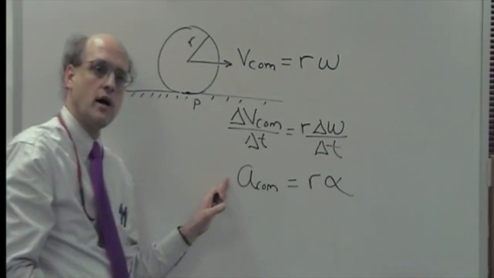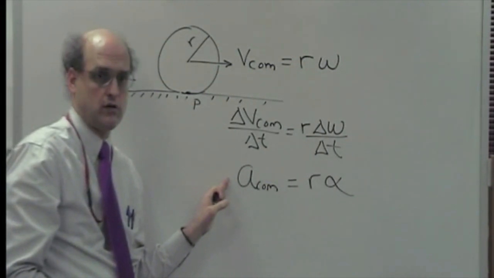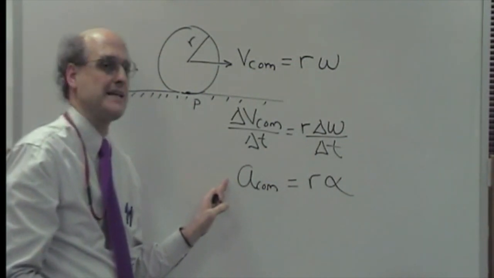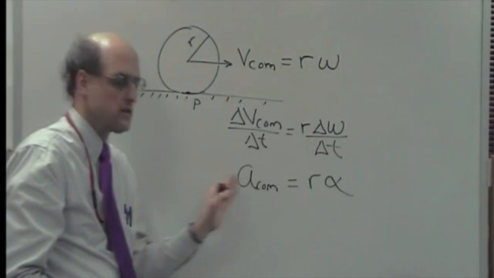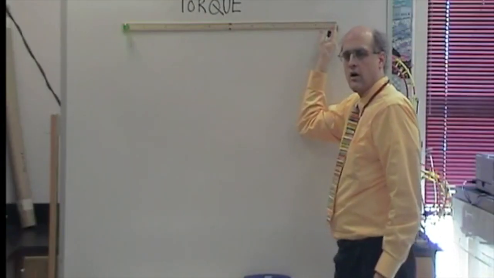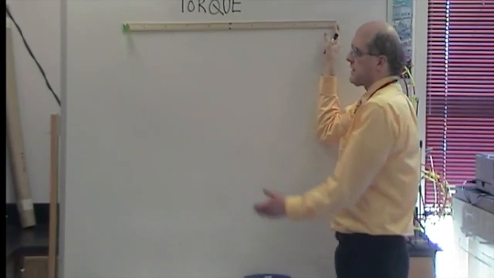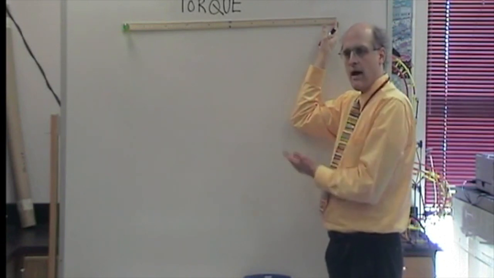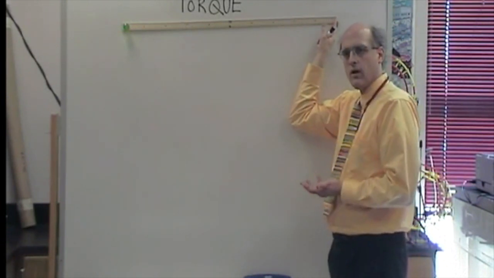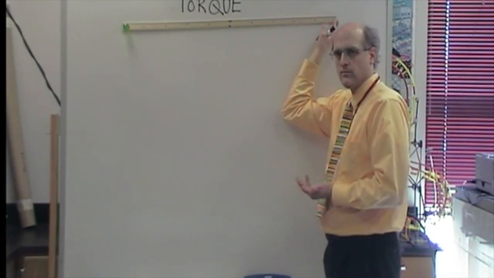A little bit later on, we'll be talking about Newton's second law of rotation. And there we'll see that it's a net torque that causes an angular acceleration. Torque can be thought of as a twisting force. It is defined as the magnitude of the force multiplied by the lever arm, and it has the units, the Newton meter.